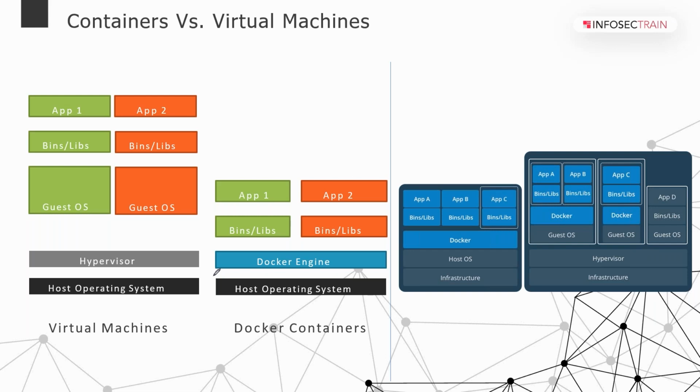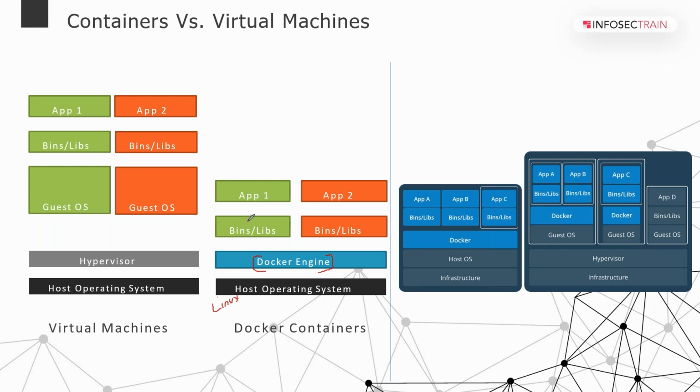See, basically, let's suppose the underlying OS is Linux. On top of it, we have installed the Docker engine. On top of it, I have configured the containers. Let's suppose you are using a Python application.